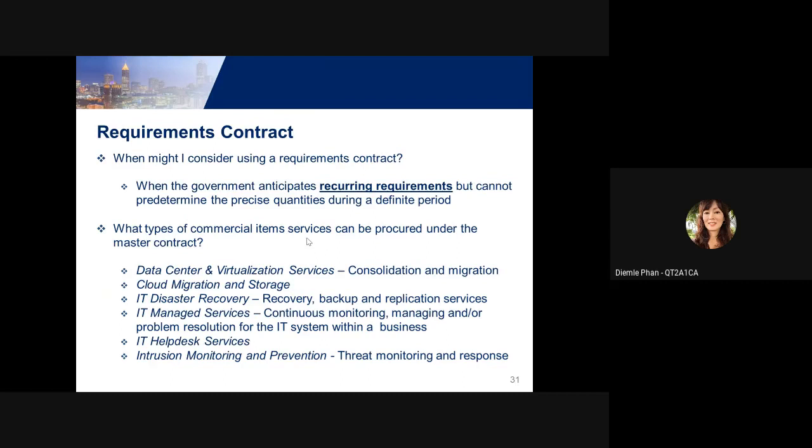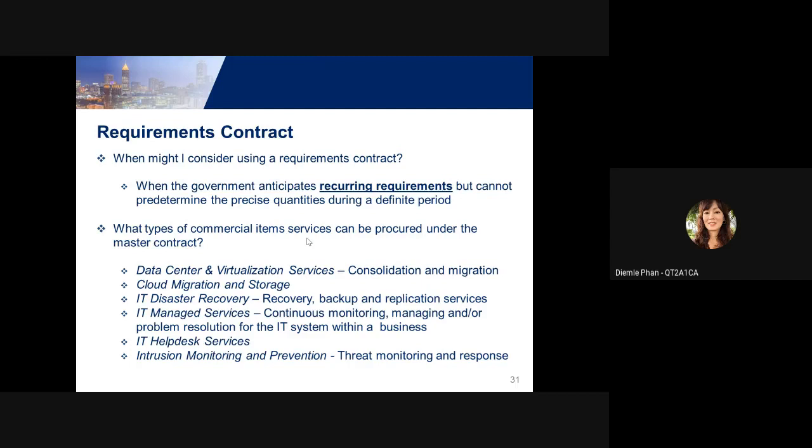Let's talk about the requirements contract. This is something that is unique for Alliant 2. The purpose of having the requirements contract is specifically for government agencies that anticipate recurring requirements but cannot predetermine the precise quantities during a definite period.